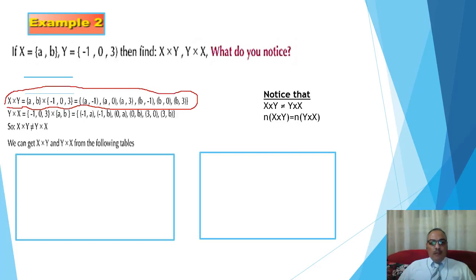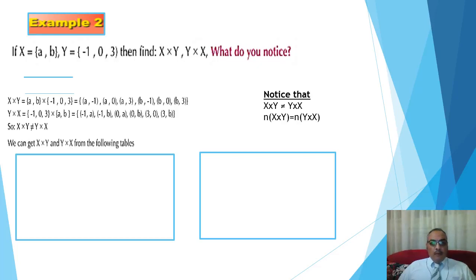Now we make another one, Y product X. So we start with negative 1 with A and negative 1 with B and so on. We get another product, Y product X. Be concentrating. Look, X product Y is not equal to Y product X. Why?